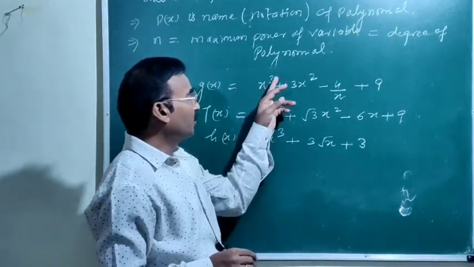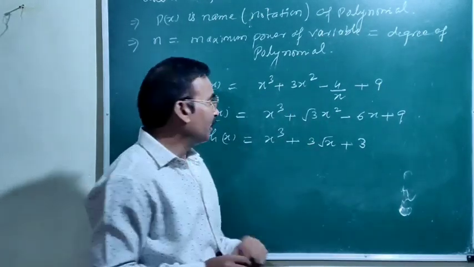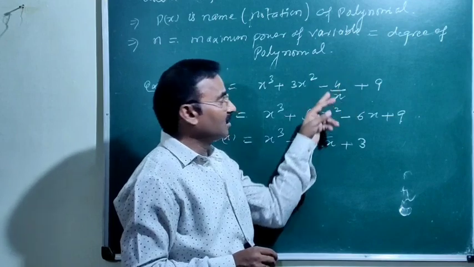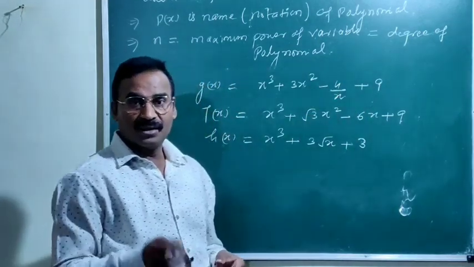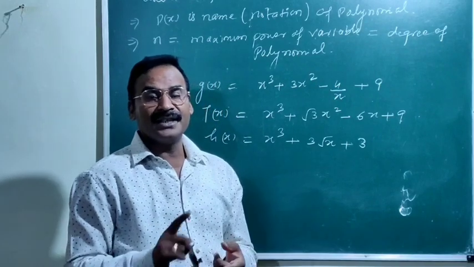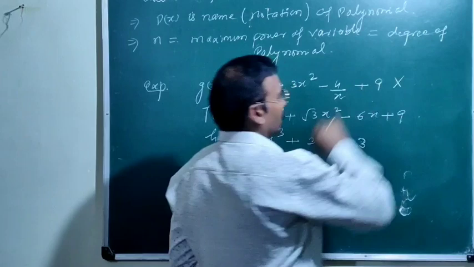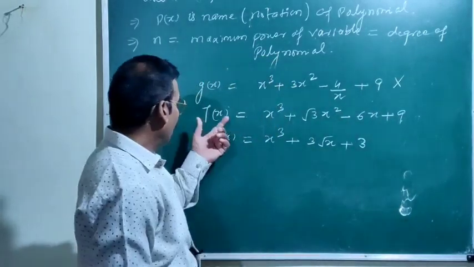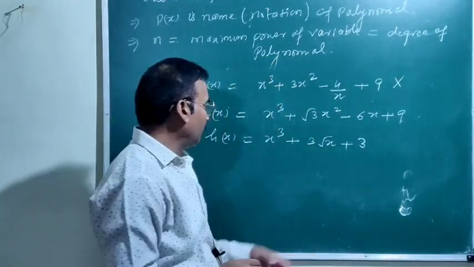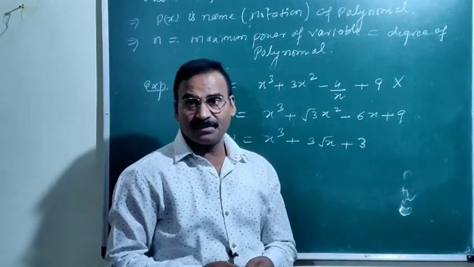Here x to the power 3 is a positive integer, x to the power 2 is a positive integer, but in the third term the power of the variable is a negative integer, so this is not a polynomial. Okay, now next, Fx equals x cube plus root 3 x square minus 6x plus 9.